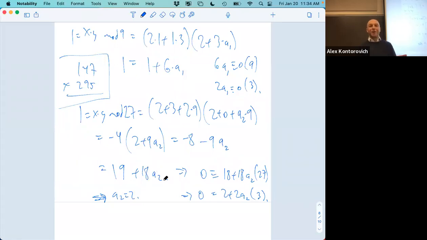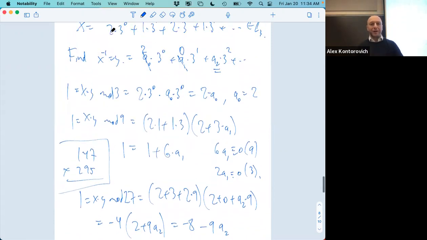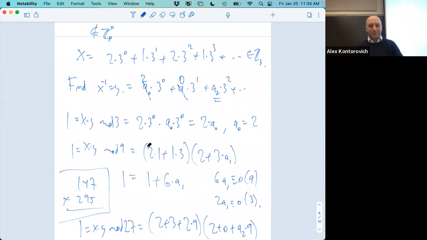Now you have a linear equation that you're going to divide by 9, and now you just have to solve something like this. Well, we could work mod 3 to input, right? We didn't have to go through this modular business, we could just use how the coefficients are multiplied. Yes, in fact, another way to do it is to take this number and multiply it by this number.